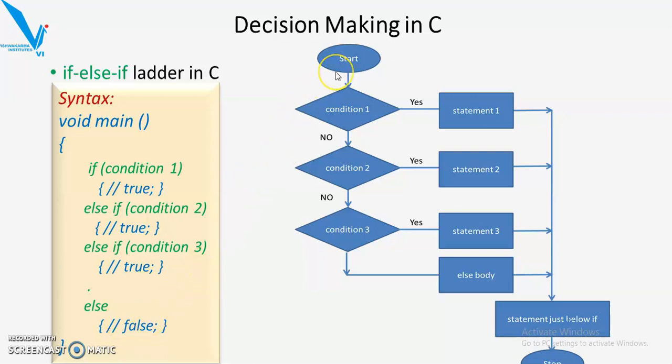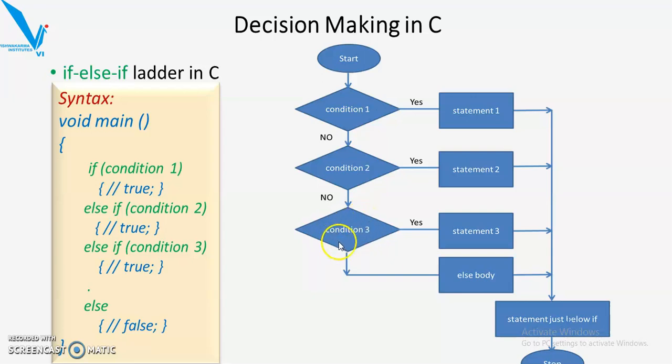We'll see this by the flow diagram. We are having condition 1, condition 2, condition 3. If condition 1 is satisfied, execute the statement inside it. If not, ask for another condition. If condition 2 is satisfied, then execute the statement inside condition 2. If not, again ask for condition 3.